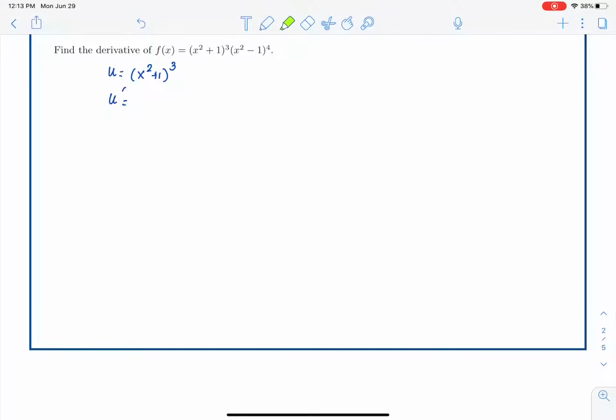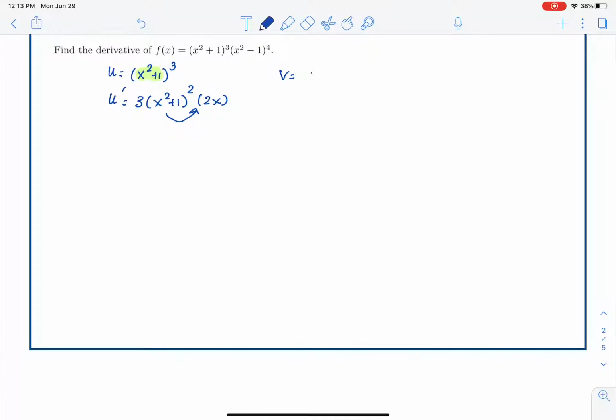I'm going to treat whatever is inside as x. So the derivative of x cubed is simply 3 times x squared plus 1 raised 2. But keep in mind, on the inside, we don't have x, we rather have x squared plus 1. So we multiply by the derivative of x squared plus 1, which is 2x.